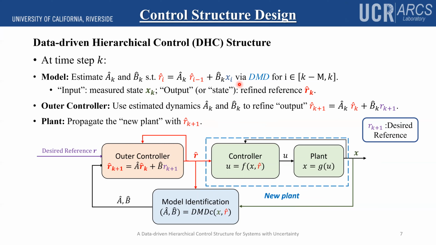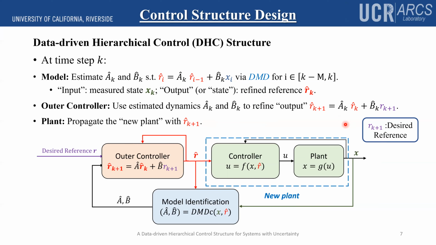If we compare these two equations for modeling and control, we will find the only difference is we replace the X with the desired reference. So the intuition here is, if we get an accurate estimated model, the output X will be exactly the same as the desired reference.